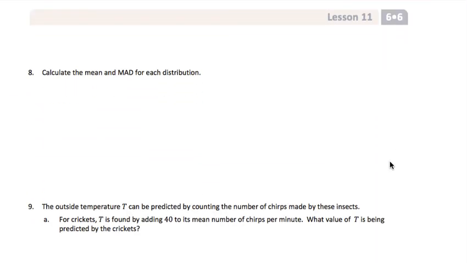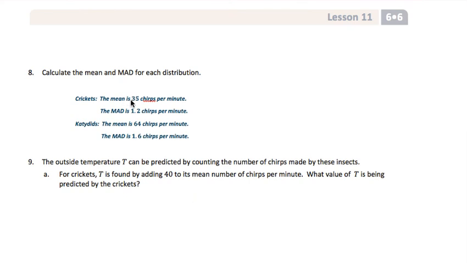Next, we'll calculate the mean and the mean absolute deviation for each distribution. So the mean for crickets is 35 chirps per minute with a mean absolute deviation of 1.2 chirps per minute. And katydids, the mean is 64 chirps per minute with a mean absolute deviation of 1.6 chirps per minute.